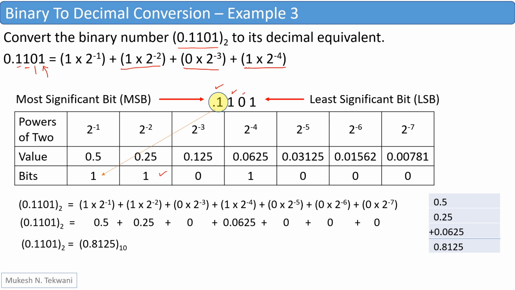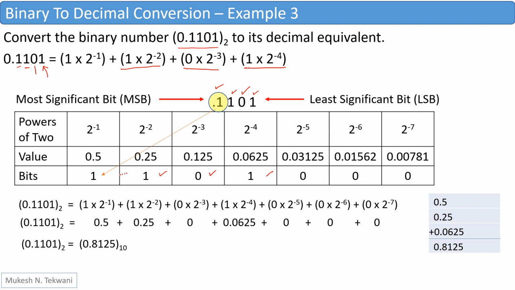The next bit, that means the bit in the third position after the decimal point, we put under the power of 2 raised to minus 3. The fourth bit after the decimal point, we put under the power of 2 raised to minus 4. And since there are no more bits, we just put the bit values as 0.